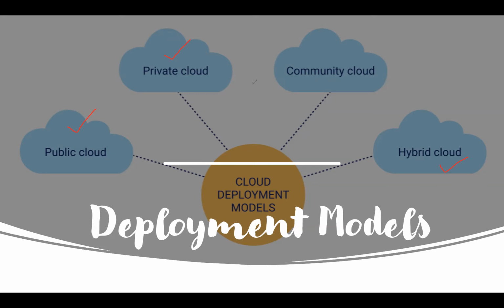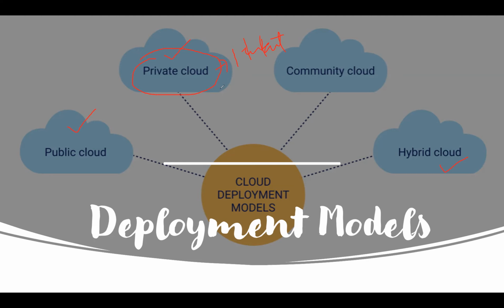Private cloud. Private is nothing but a single tenant, like organizations, your companies like Infosys, TCS, IBM, which are using private clouds. Only one tenant can access whatever services and resources you are going to deploy.